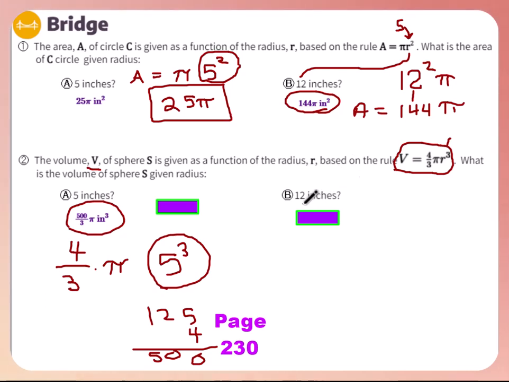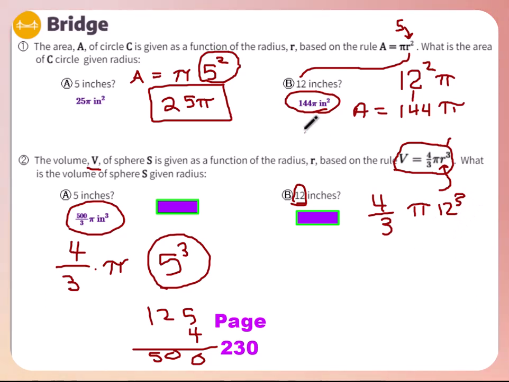All right, this time we're going to replace the radius with 12 inches. So we're going to take 12 and we're going to cube it, putting it in for r. Okay, and then 4/3 pi times 12 cubed.